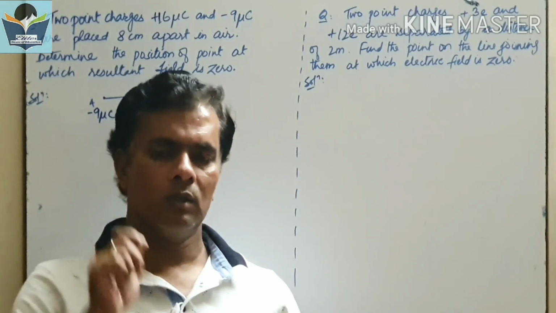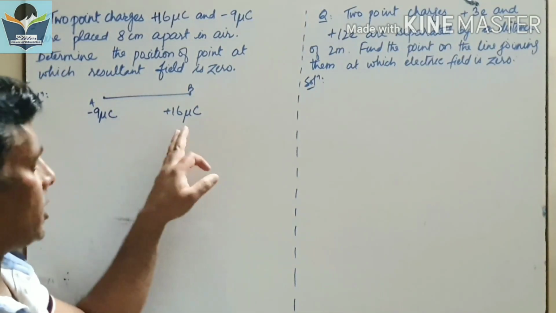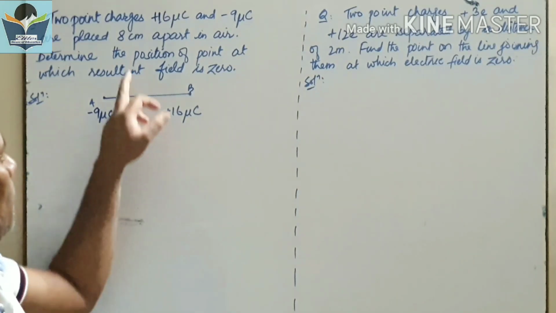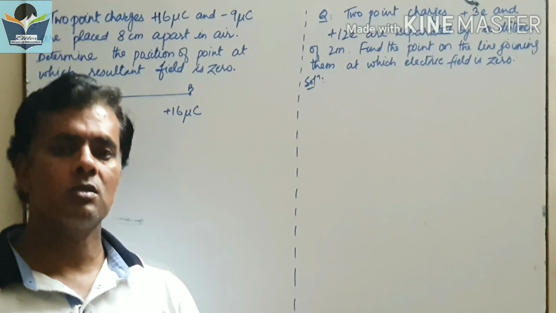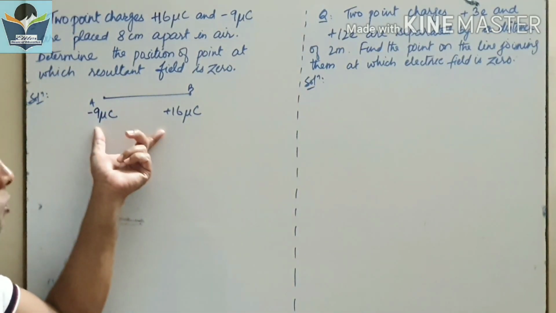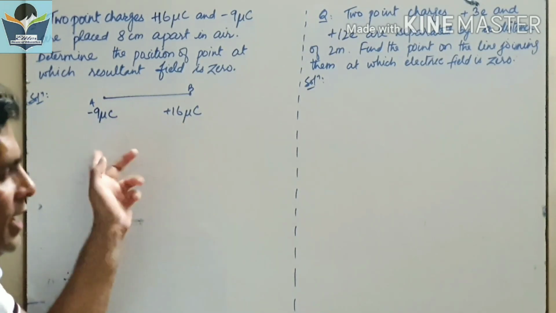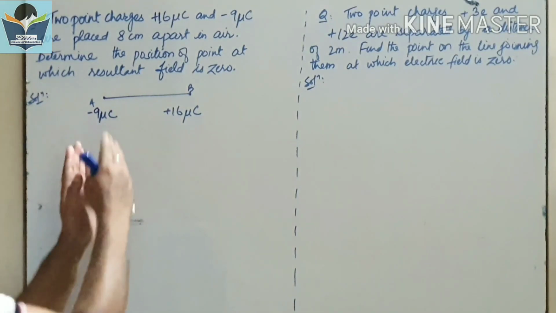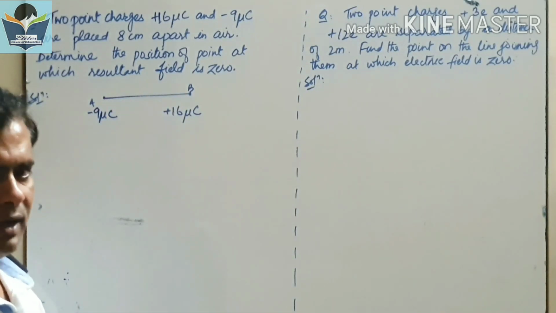Now the point to keep in mind is that if we have two charges, one minus, one plus, their balance point where the net field is 0 will be somewhere on the outer edges of the line joining the two charges at A and B. Means not between A and B. It will be outside A produced, or it will be outside B on this side.